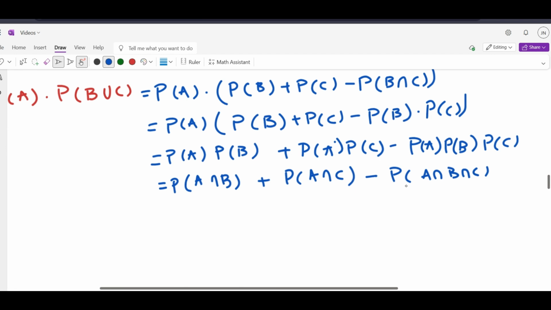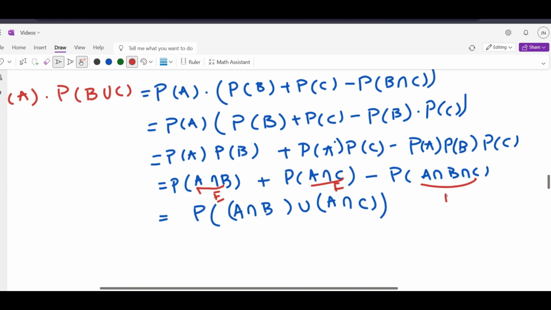This also looks like, remember, A intersect B intersect A intersect C is just intersection of the three of them. So this looks like the probability of A intersect B union A intersect C. Again, this is the first event, that's the second event, and that's the intersection of the two events.